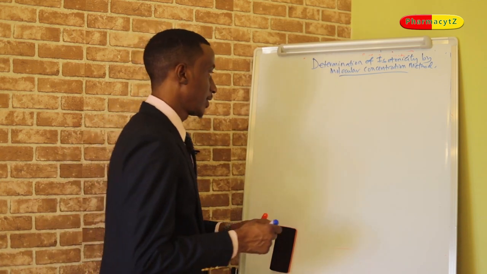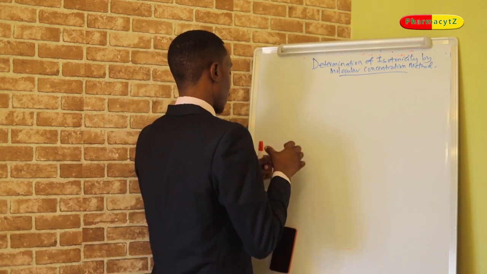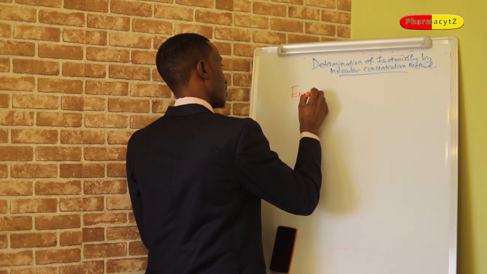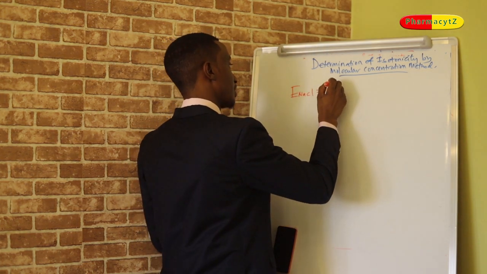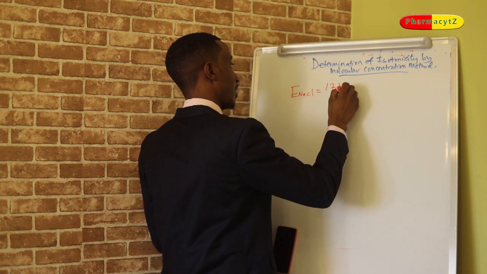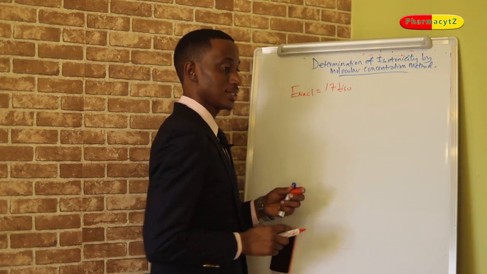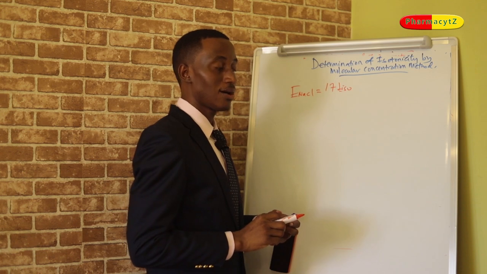This is a method. The sodium chloride equivalent can be calculated by using the constant of 17 and L-iso. This is the molar freezing point constant, what is regarded as L-iso.